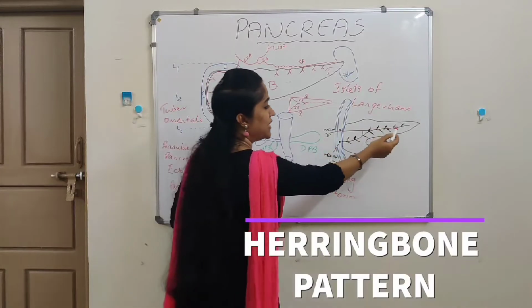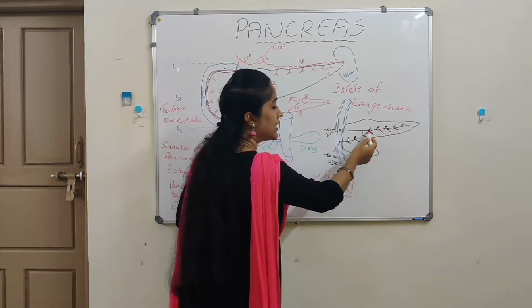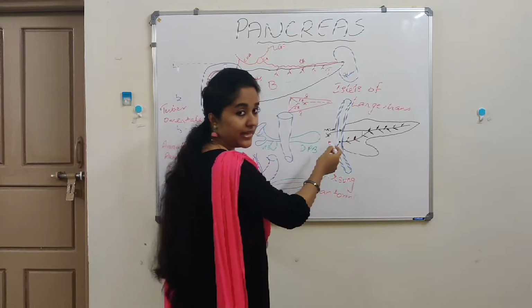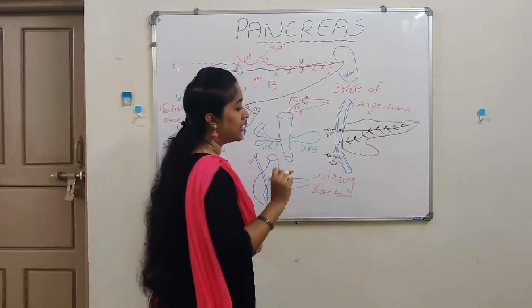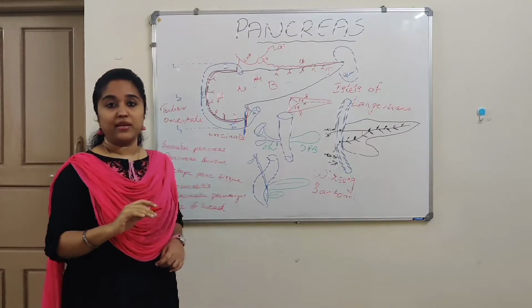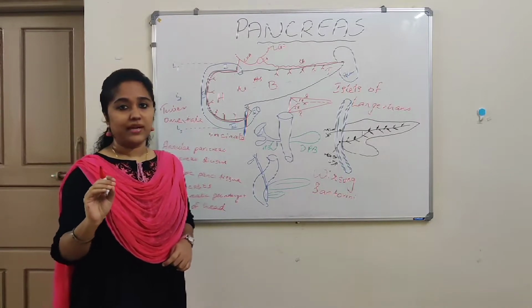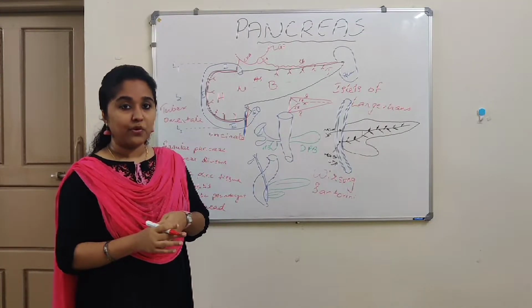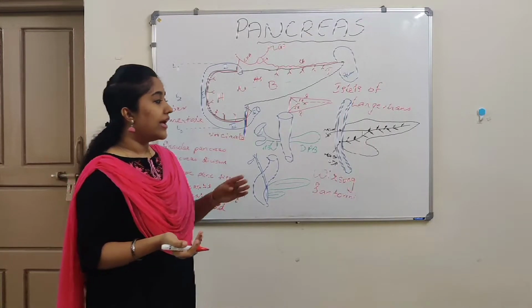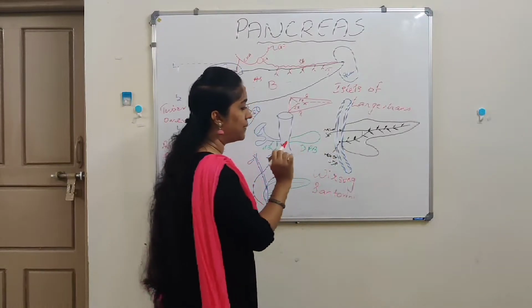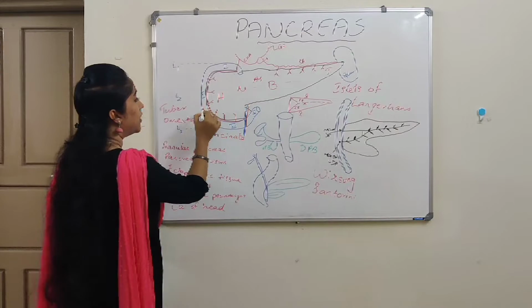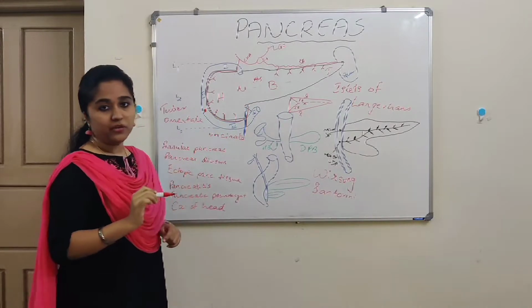So this passes from the tail and it turns abruptly downwards, and then it passes towards the head, and then it opens into the major duodenal papilla along with the common bile duct. It forms a hepatopancreatic ampulla or ampulla of Vater and opens into the major duodenal papilla. There is an opening in the second part of duodenum. So it is an opening here in the second part of duodenum.